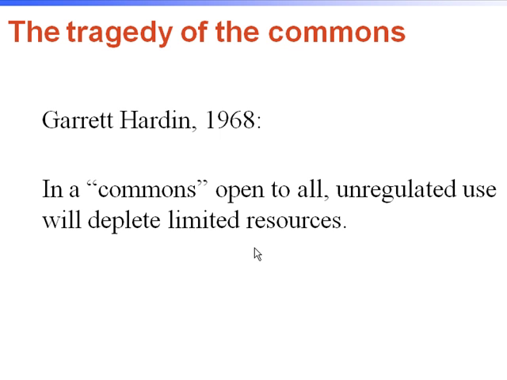So the idea is that if there's an area that everybody can use and there's an economic benefit for them to use that area, they will likely overuse and deplete that commons. So unregulated exploitation of the commons depletes the commons.